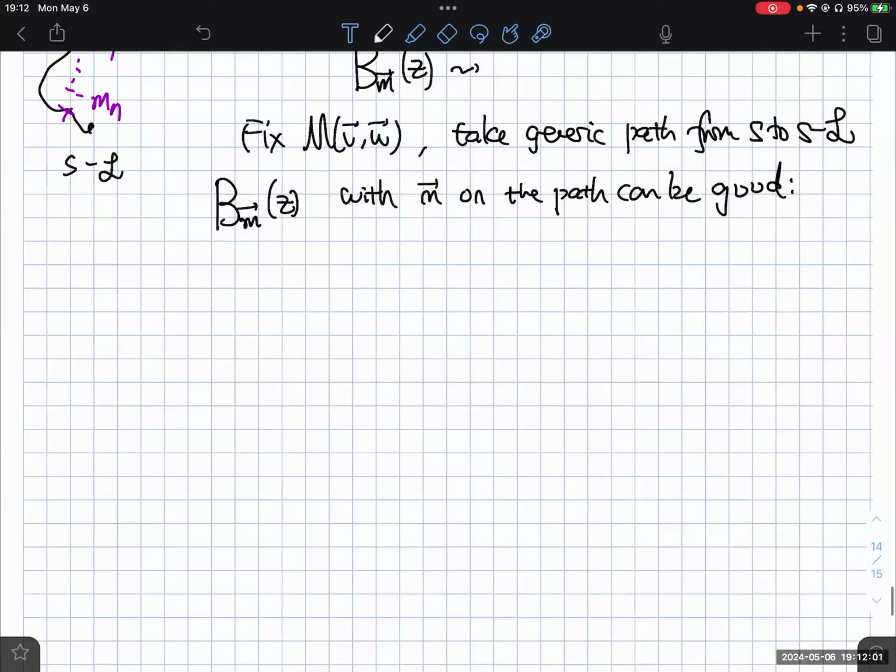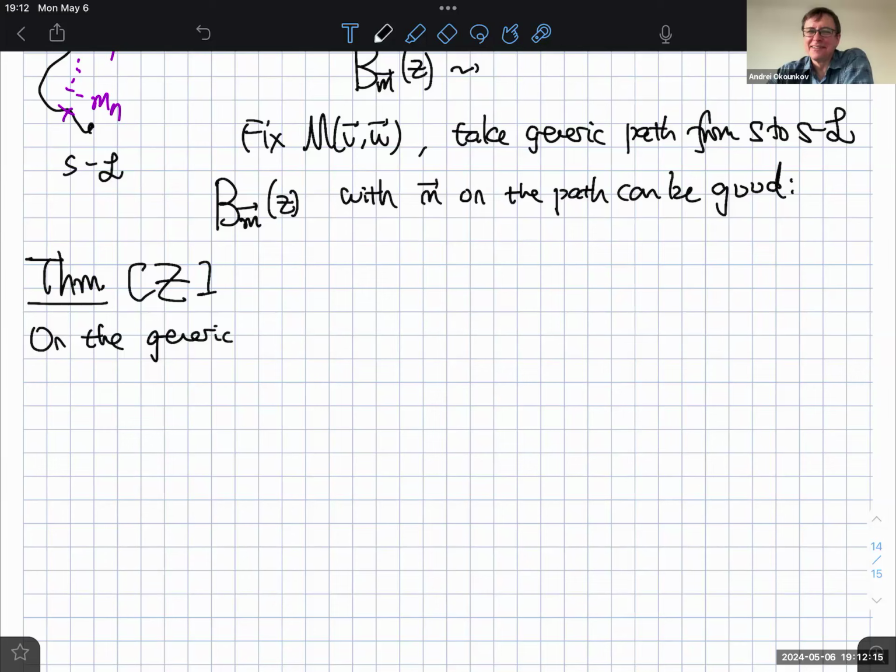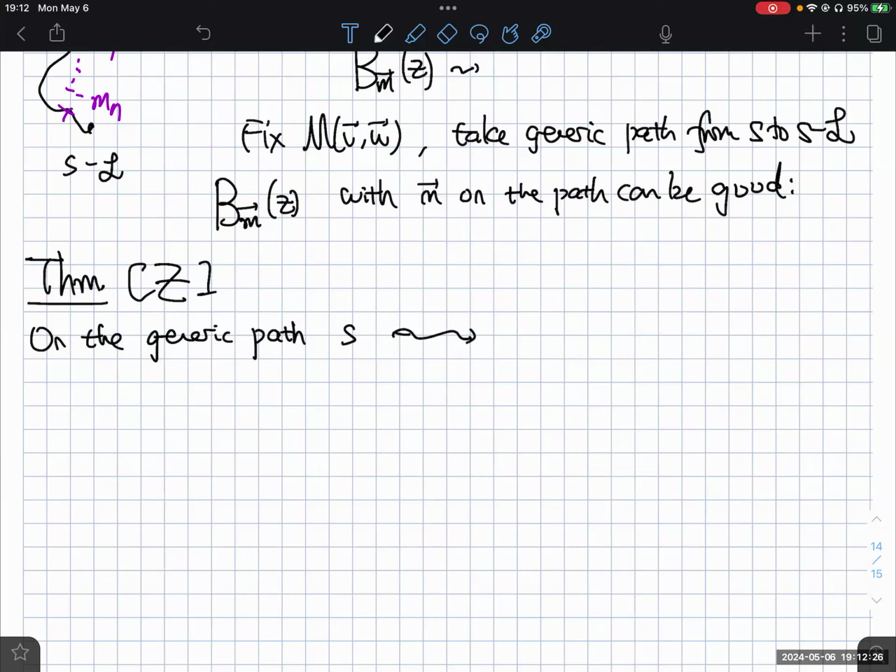Which means, actually, it's the following theorem. You can see this theorem maybe an hour later. I thought it's like 48 minutes or something like that. And so on the generic path from S to S minus L.